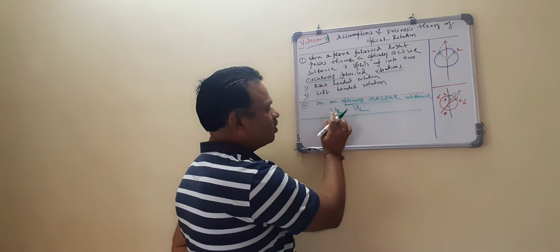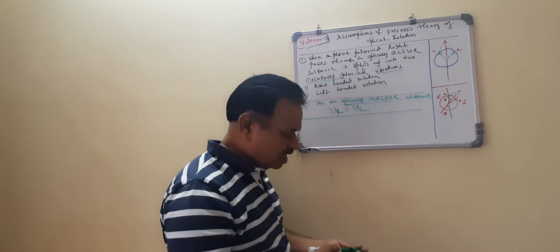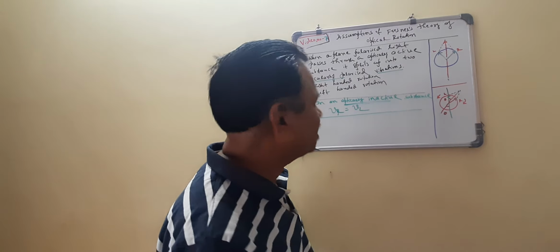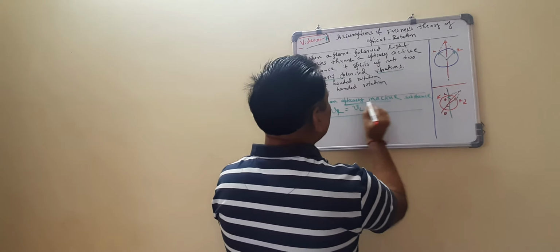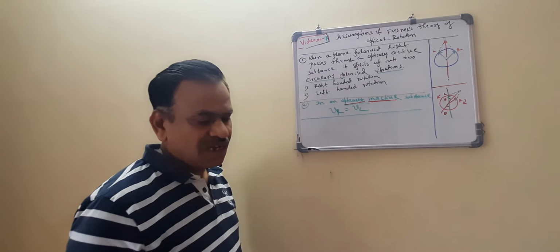R subscript is right-handed rotation and L subscript is left-handed rotation. Both speeds are the same. This is the situation when light passes through an optically inactive substance.